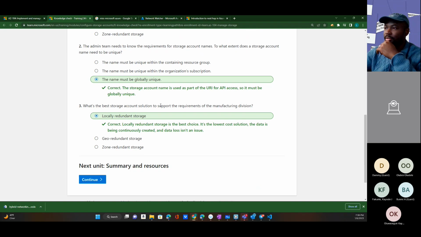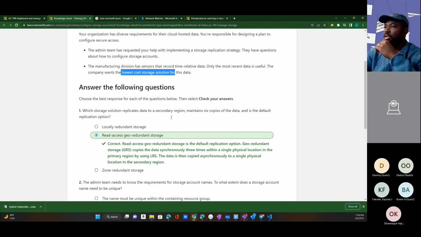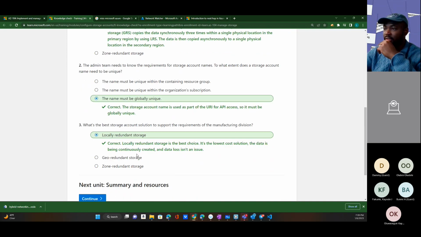Then the best storage account solution to support requirements for manufacturing division, what do they need? They only need most recent data. They want the lowest storage solution. Locally redundant storage is the least expensive. Why? It's just within a building. All your copies are within a building on a rack, maybe different racks within a building.